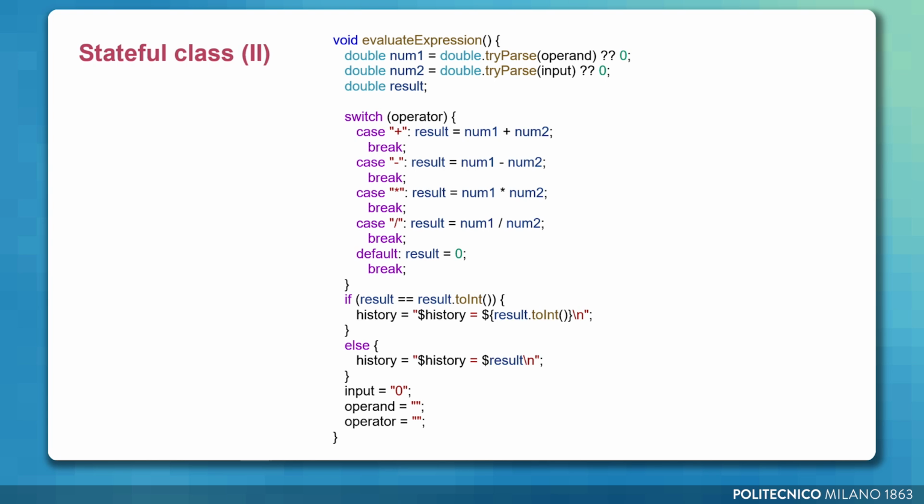A switch statement handles the logic with separate cases for each of the 4 operations and the default fallback. Once the result is computed, it's converted to an integer if there's no decimal portion, and the history of calculations is updated. Finally, the method clears the input, operand, and operator values.